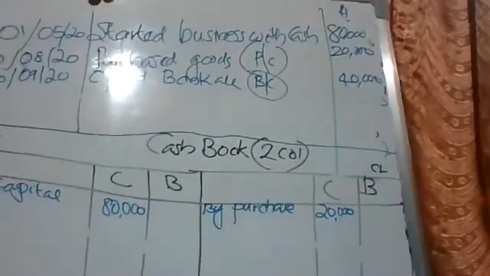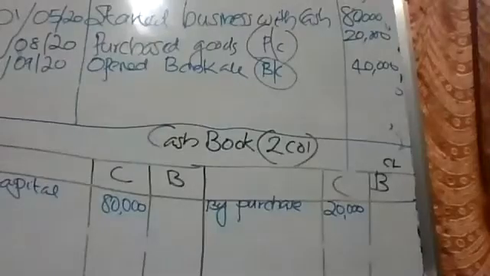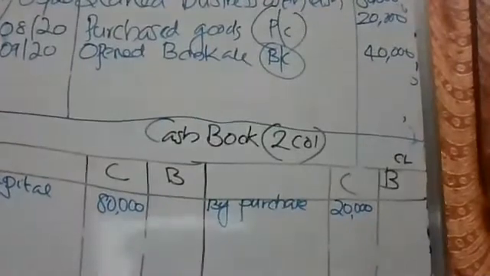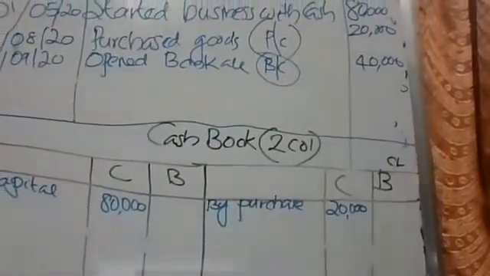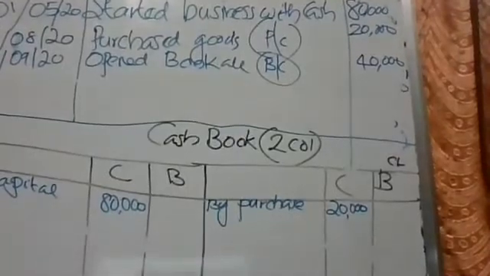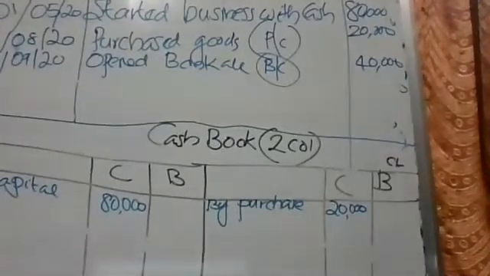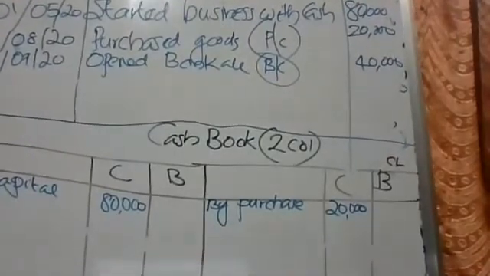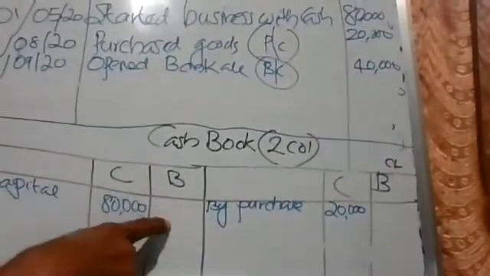Contra entry. Okay, how it will appear in cash book?